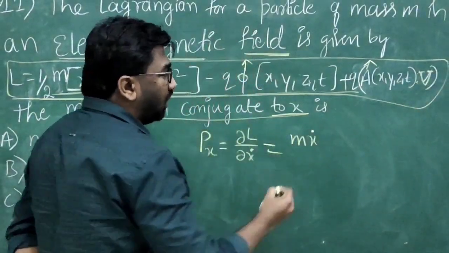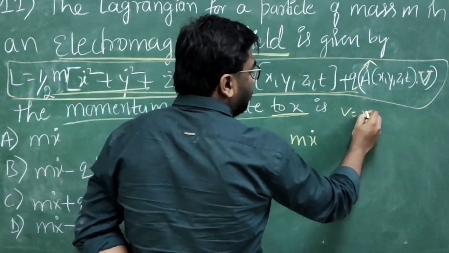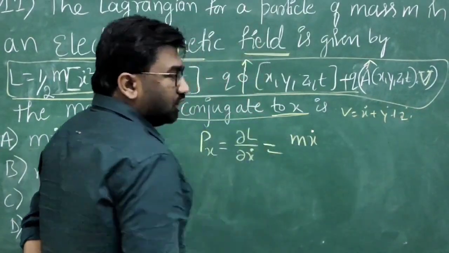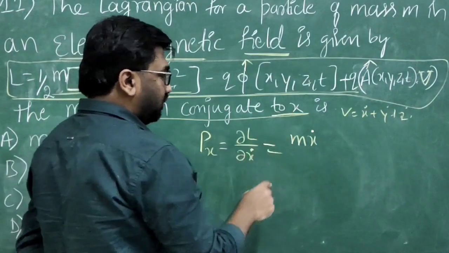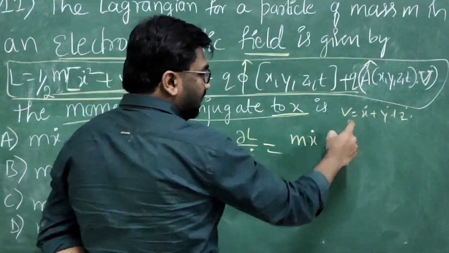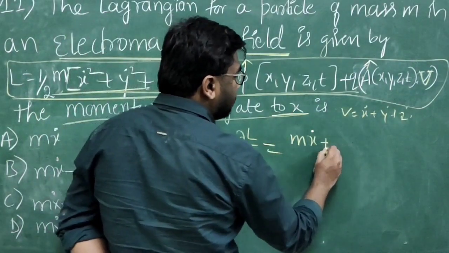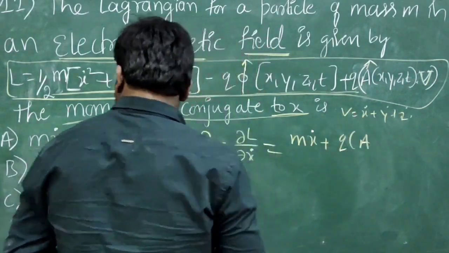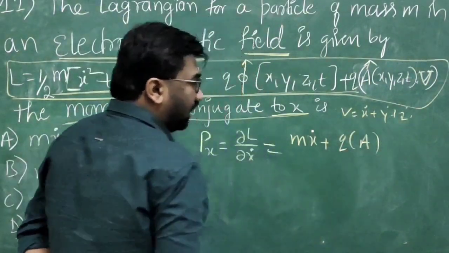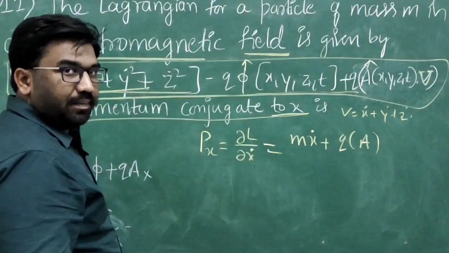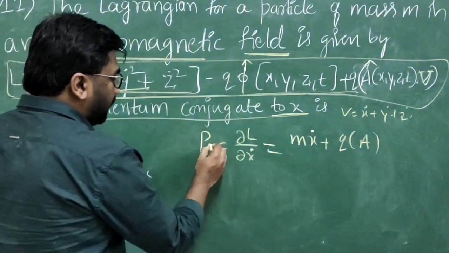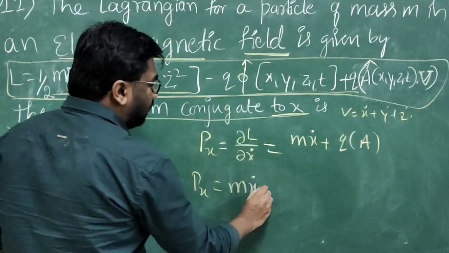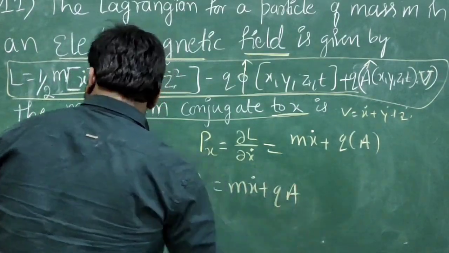V is nothing but x dot plus y dot plus z dot, so we differentiate that also with respect to x dot, and the coefficient is q A. Therefore px is nothing but m x dot plus q A x.